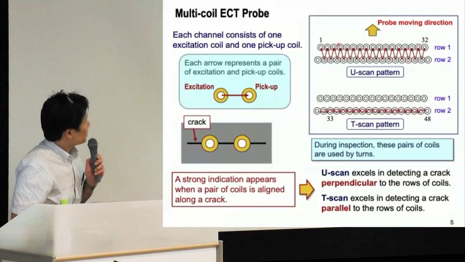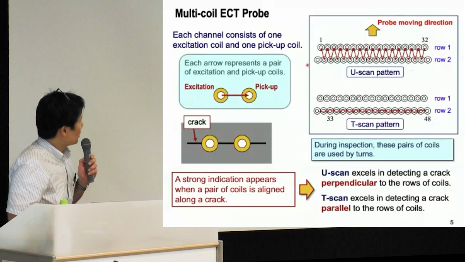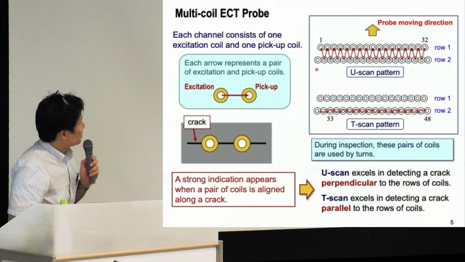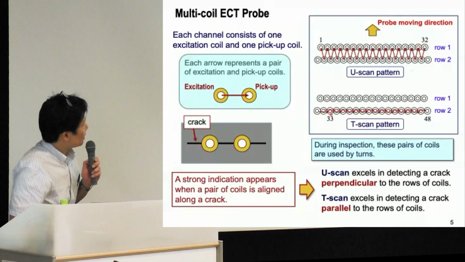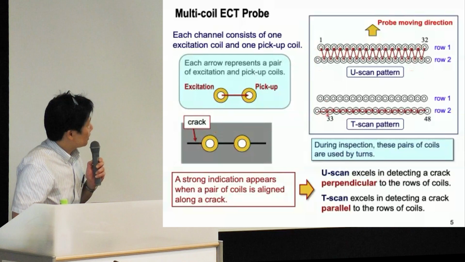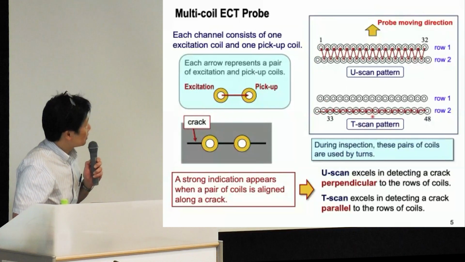And this unit can detect crack oriented this direction. And for this pattern, transmitter and receiver align this way. And it consists of 16 elements.